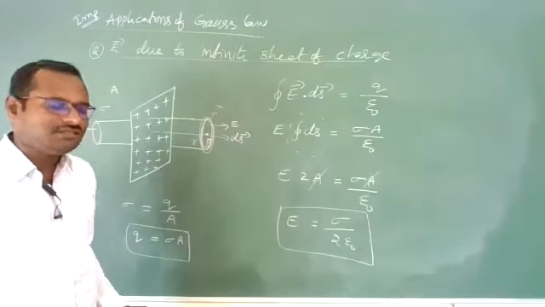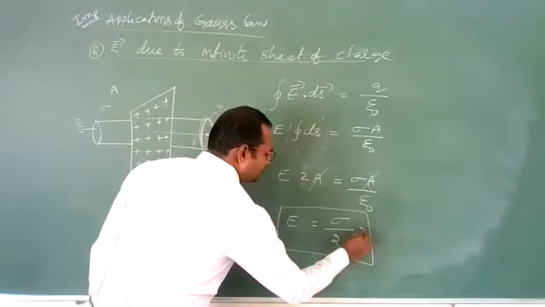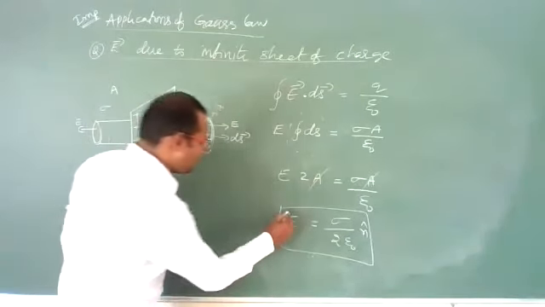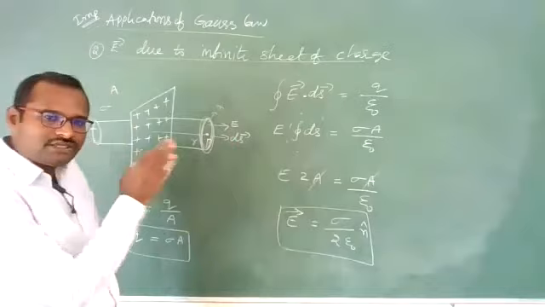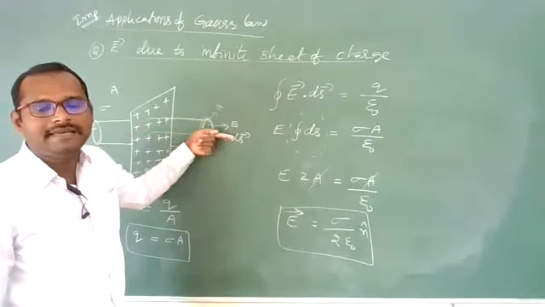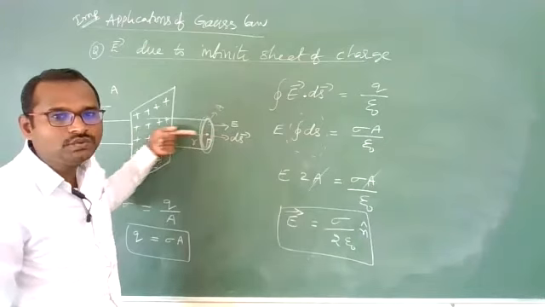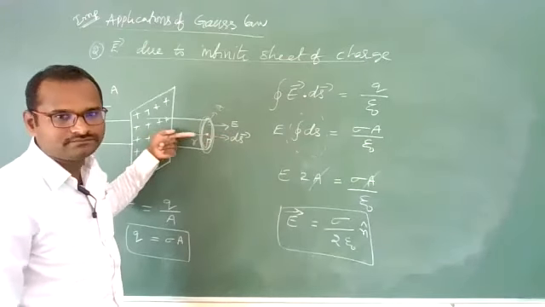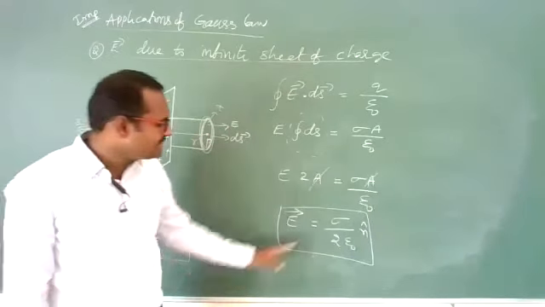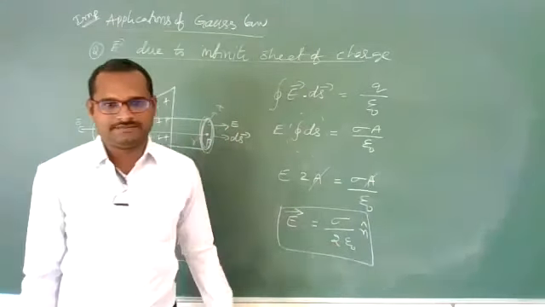And if you want direction, direction will be in the direction of n cap. N cap is nothing but a unit vector perpendicular to the sheet, like this, along the area vector. Magnitude is sigma by 2 epsilon naught.